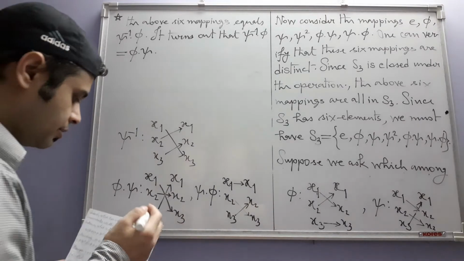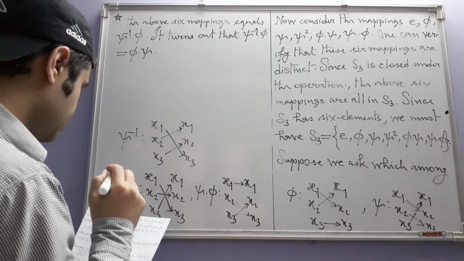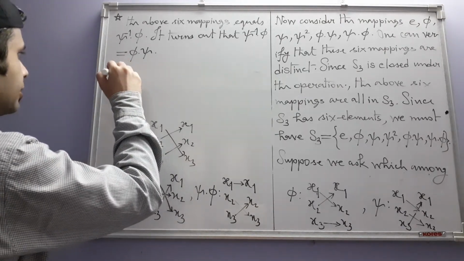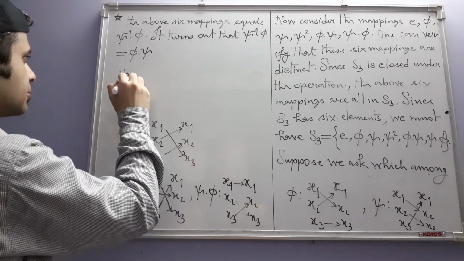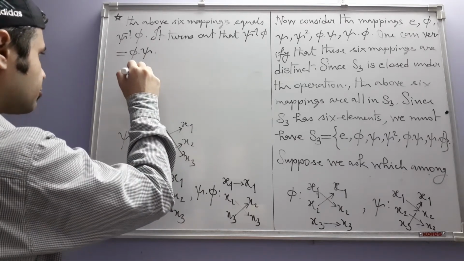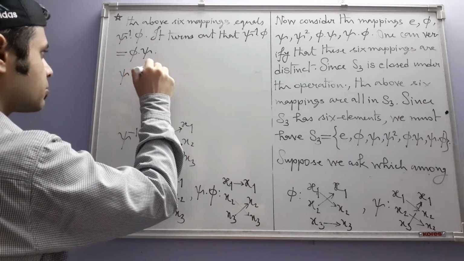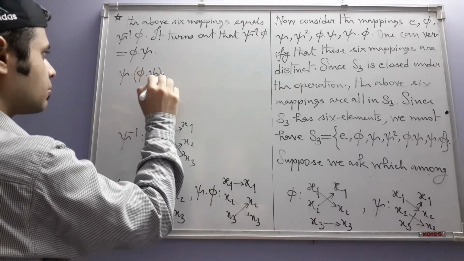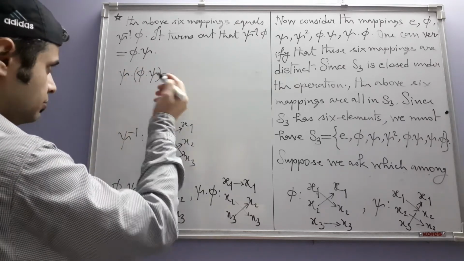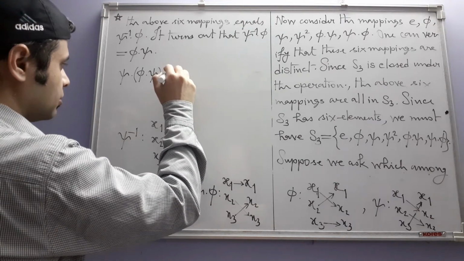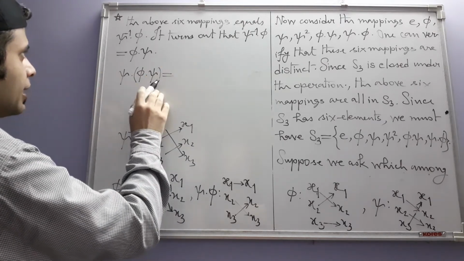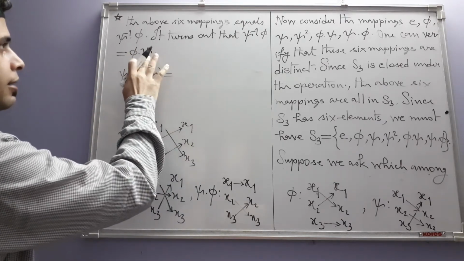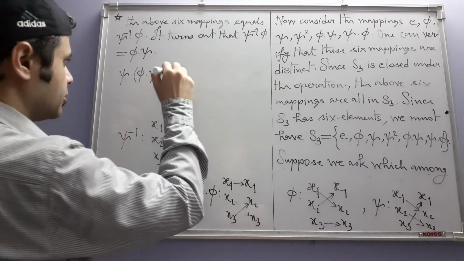Without writing anything more, we will simply calculate this product, psi dot phi dot psi. Before using the associative law, we directly use this relation.